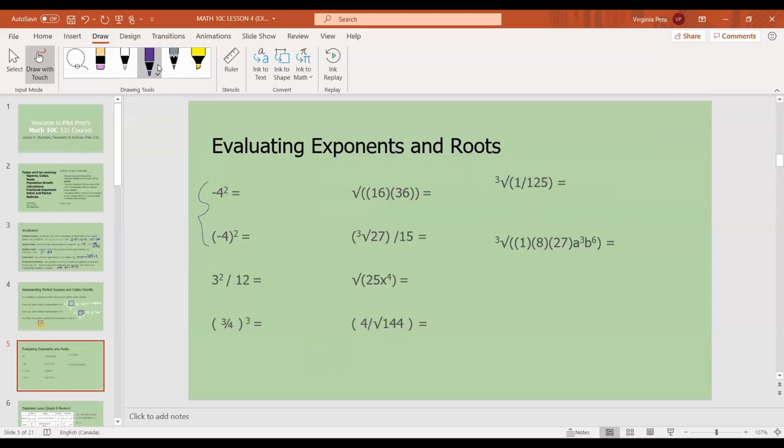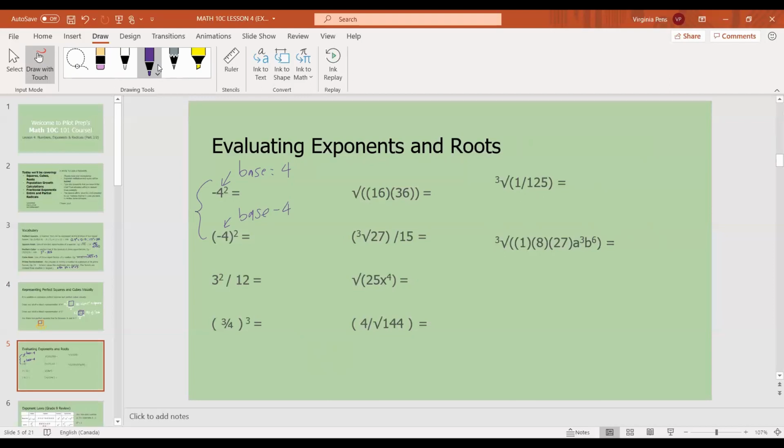Notice how in these two, one has the negative and the 4 inside brackets, and the other doesn't. So the difference between these two is that in here, the base is 4. But over here, the base is negative 4. So how does that affect the value?